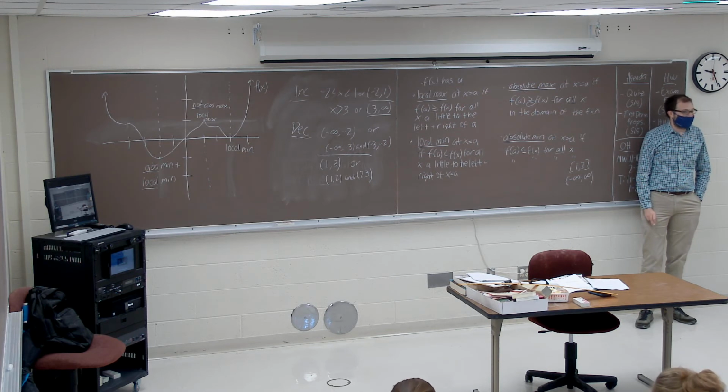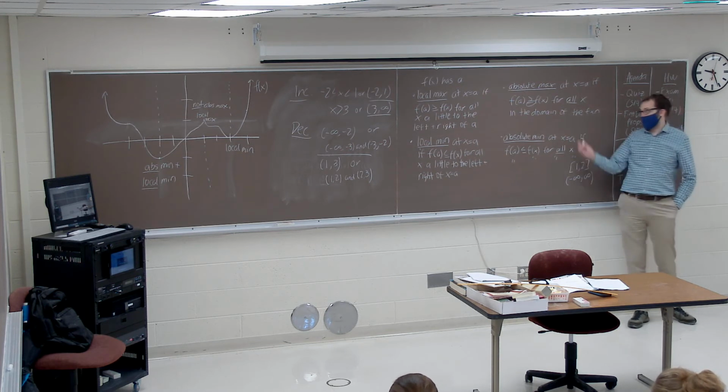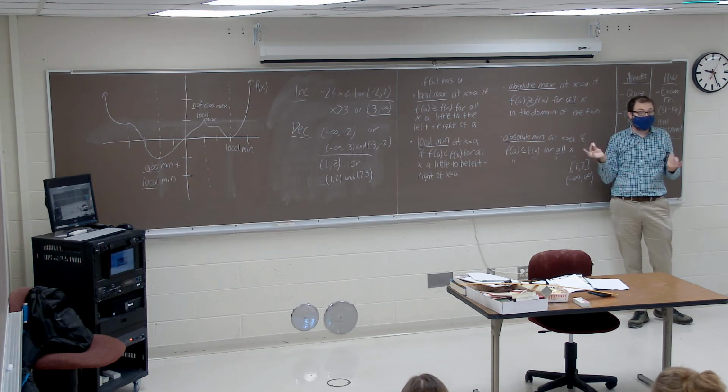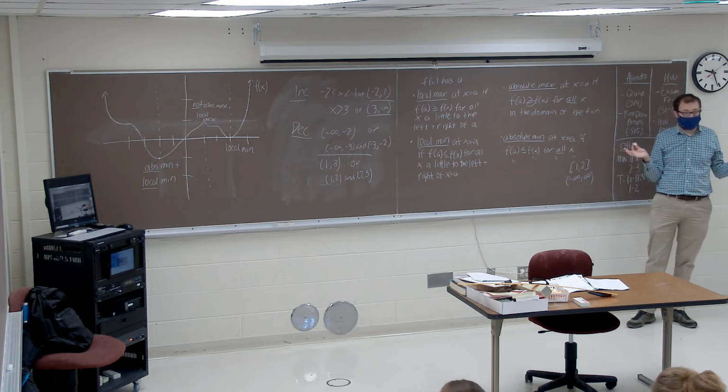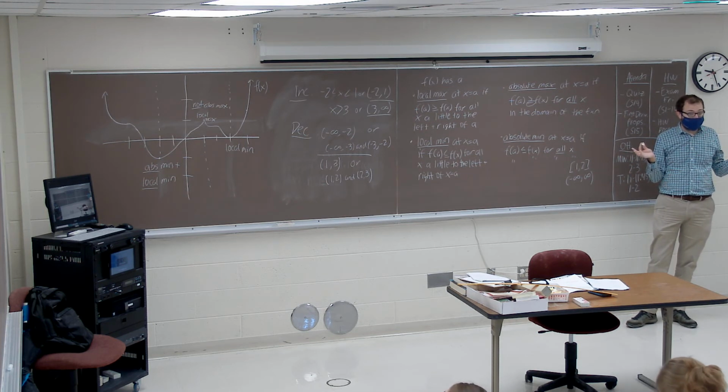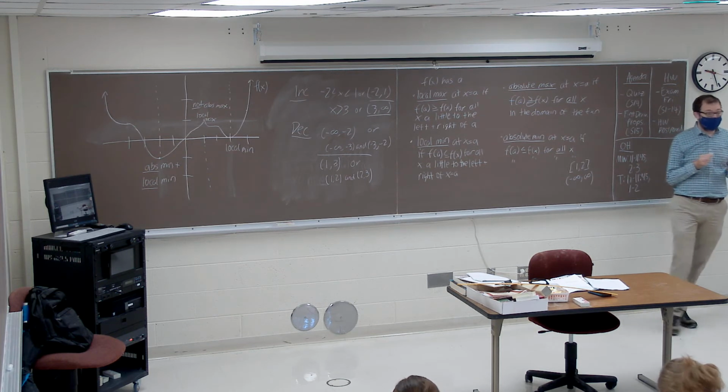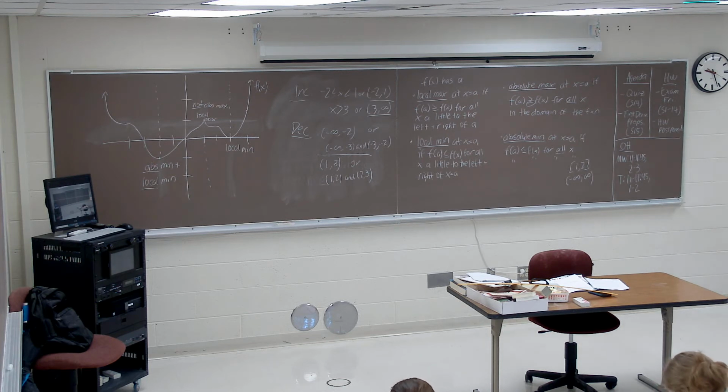But you can technically have functions that have an absolute max occur at multiple values of x if they share the same biggest y value. If you really want to get crazy, you could even have something like sine of x, where technically there are infinitely many points where the function has an absolute max, anywhere where sine of x is equal to 1.